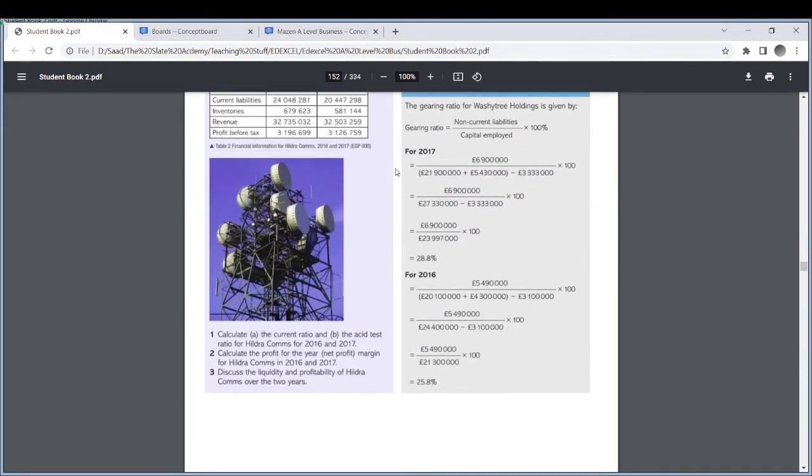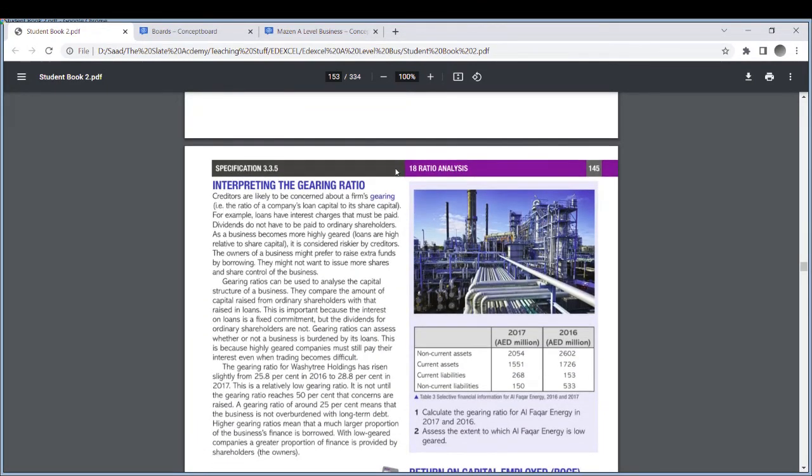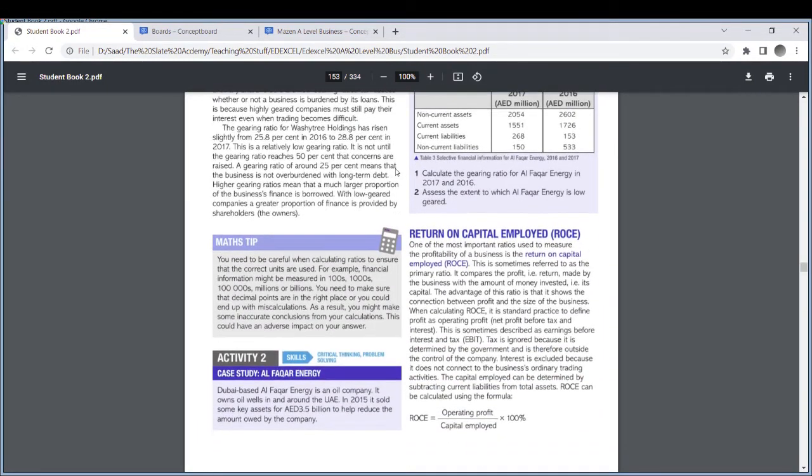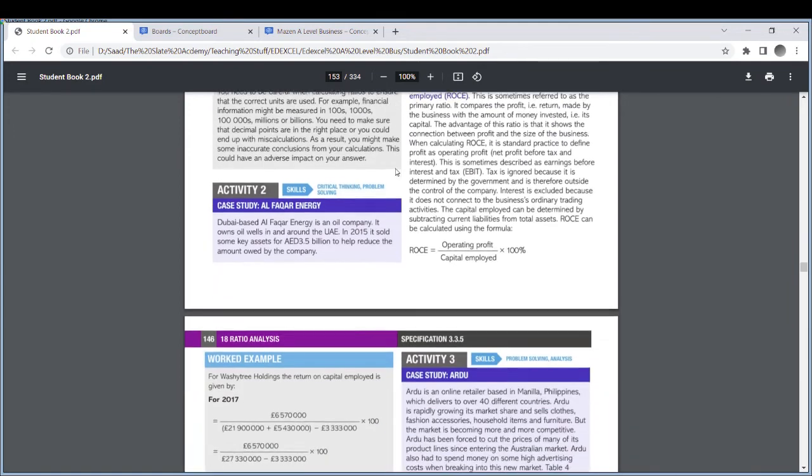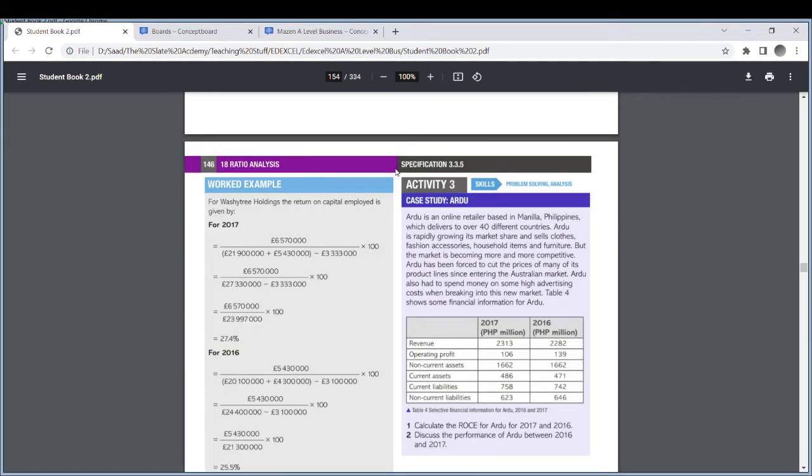Your Edexcel syllabus is relatively easier than Cambridge A level.